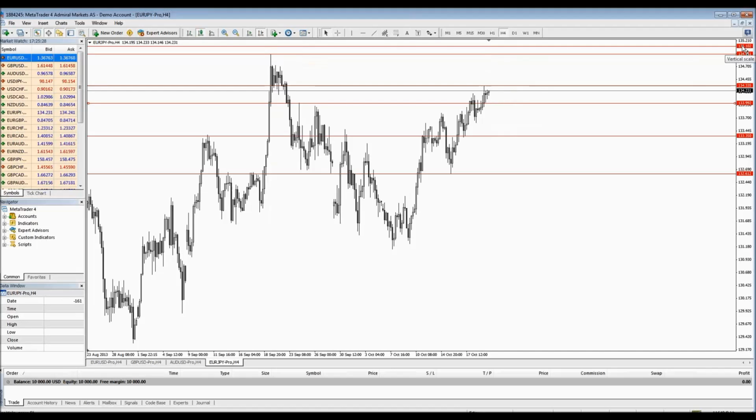Stops are just above 135, 135.10. So this is very small stop. And this can be a nice sell. This can be a really nice sell, guys, if it comes there. Okay?